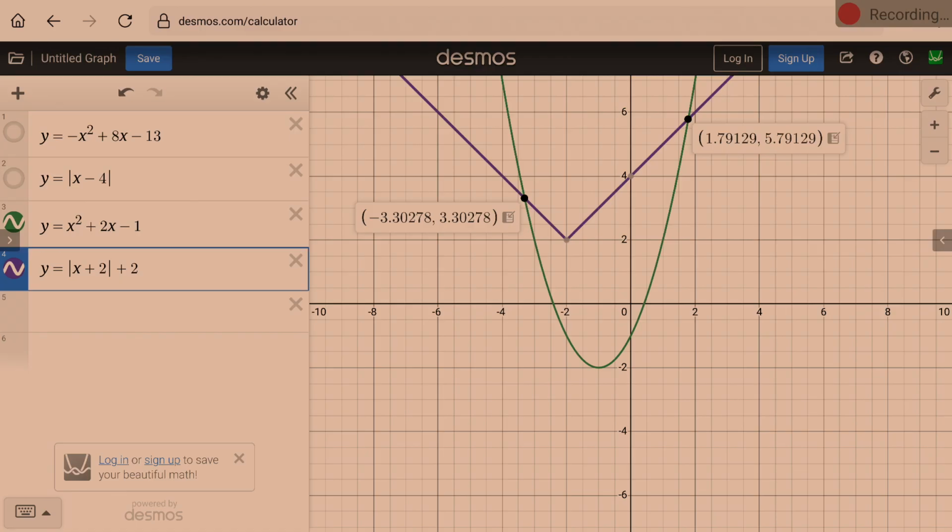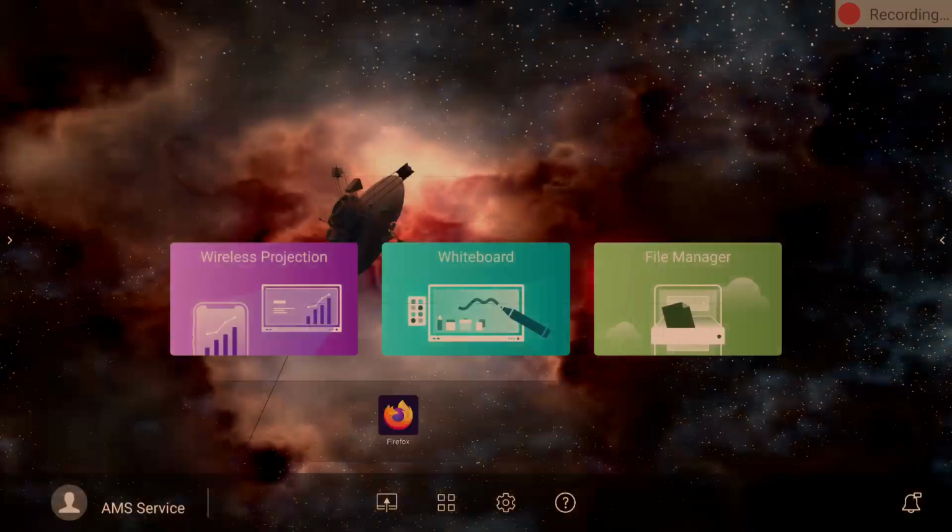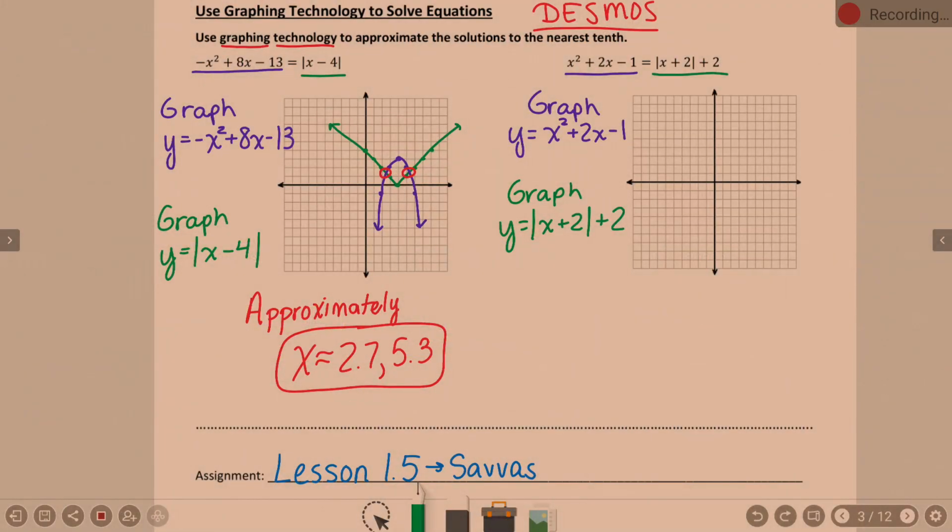Okay, so I have the parabola that is moved 2 left and 2 up. And then I have, excuse me, that's the absolute value V. And then I have the parabola that is moved, is it 1 left and 2 down, it looks like? Okay. So those are your 2 pieces if you want to graph them on your other page. So I'm going to do my V first. It was left 2, up 2. So there's my vertex, left 2, up 2.